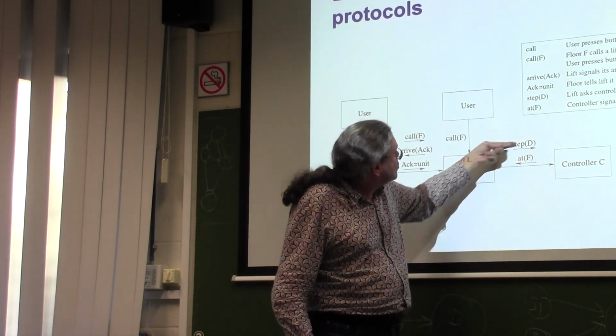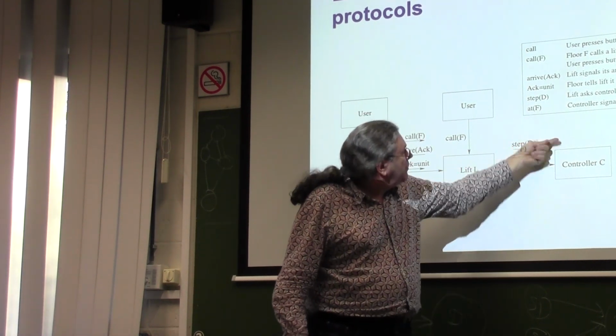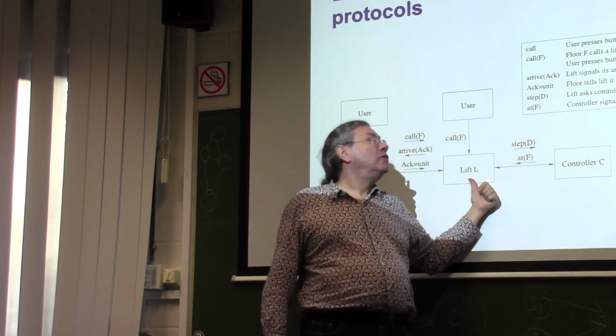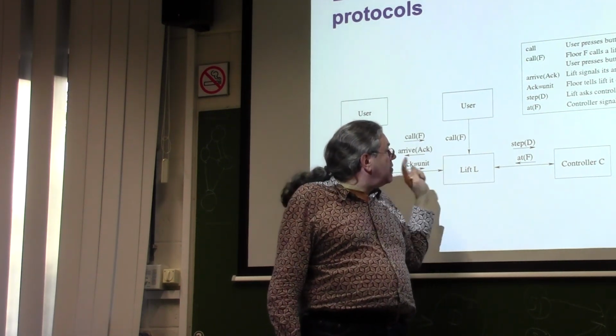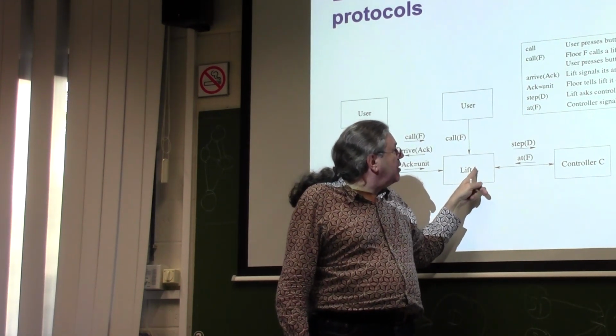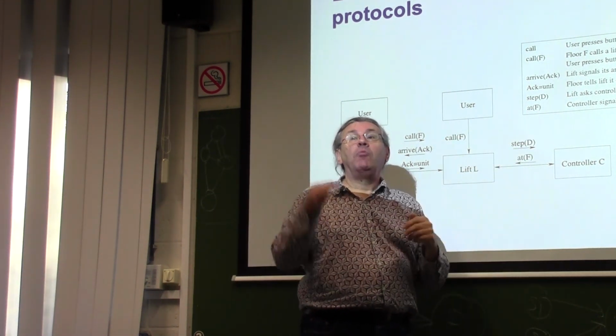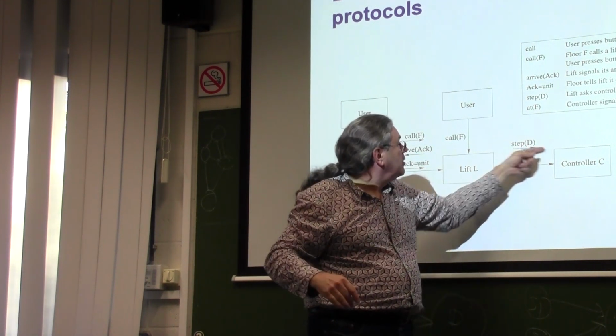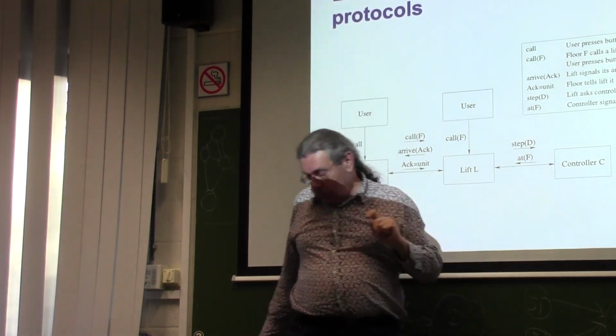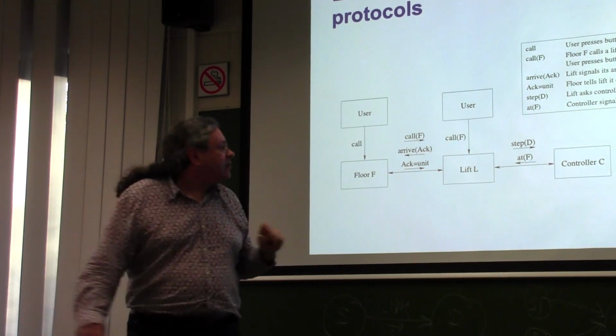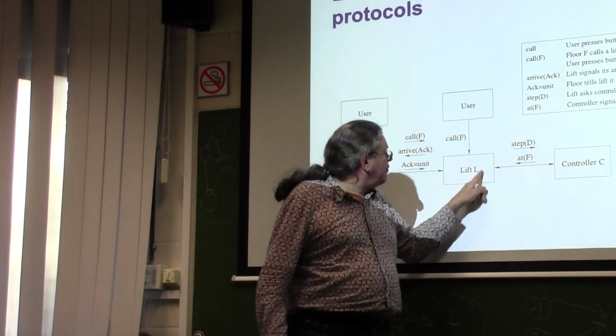It will send a message back. So this is 1 step message and 1 at message. The lift is at floor 11, but it still wants to go to floor 30, so it sends another step message. I want to keep going higher, okay? And at.